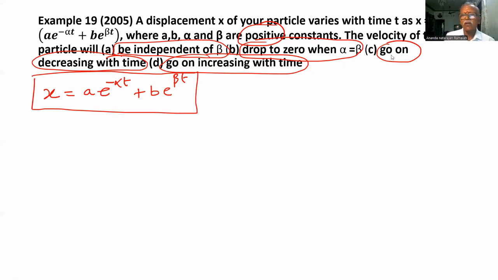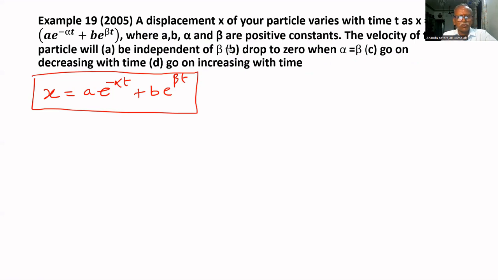C says if t increases, velocity will decrease. B says when alpha equal to beta, its velocity is 0. A says it is independent of beta.